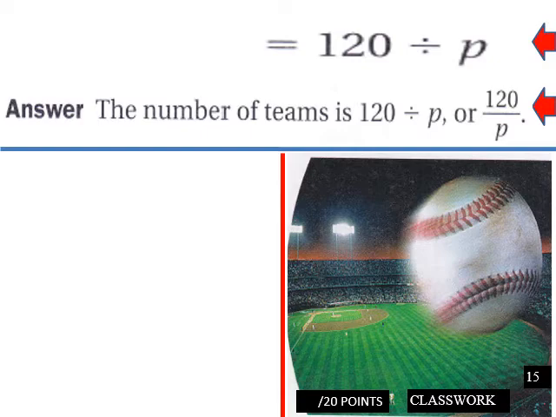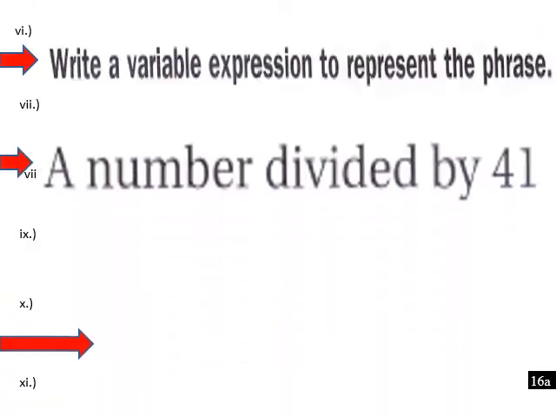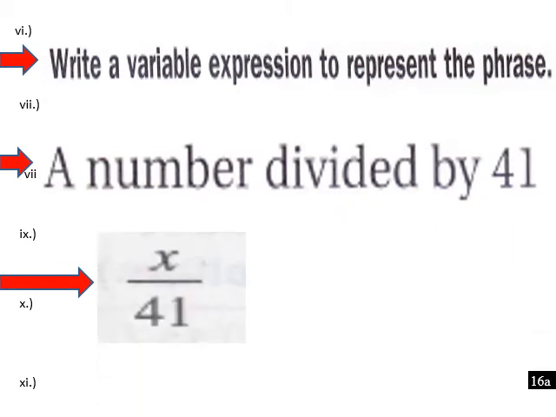Number of teams, and then we find that by going from our verbal model to our algebraic expression. And then we get another guided practice that pertains to that. And we get to write a variable expression represented by the phrase. So we get a number divided by 41, and we get that.